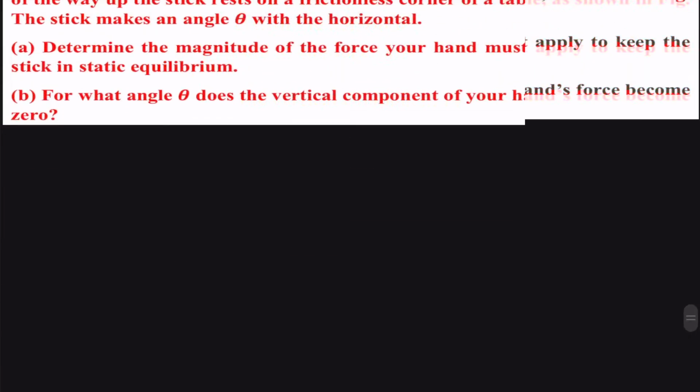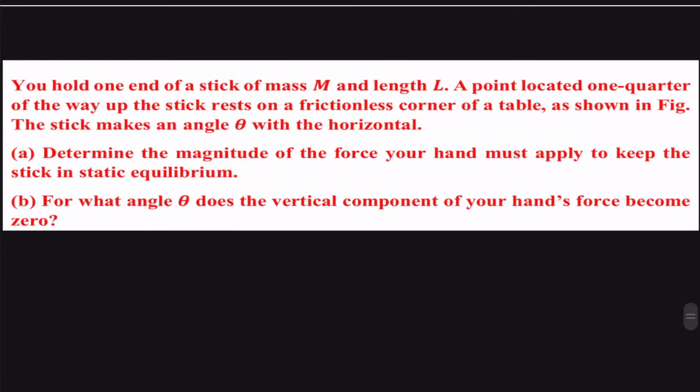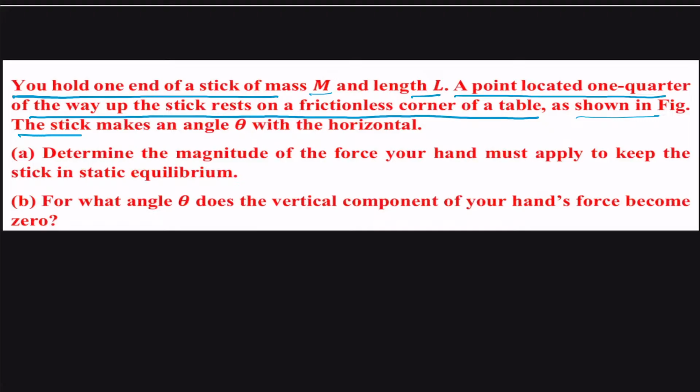And now we come to our final question, and it states that you hold one end of a stick of mass m, length L. A point located 1/4 of the way up the stick rests on the frictionless corner of a table as shown in the figure. The stick makes an angle of theta with the horizontal.